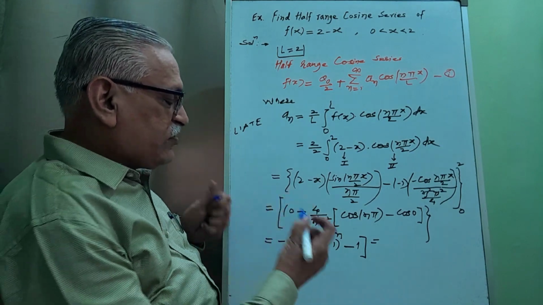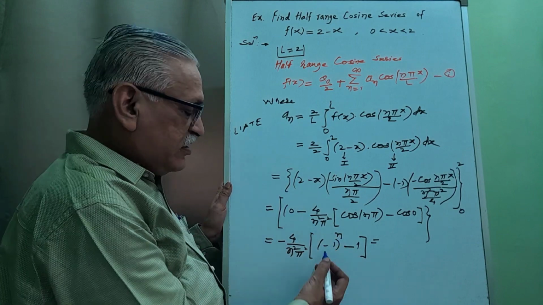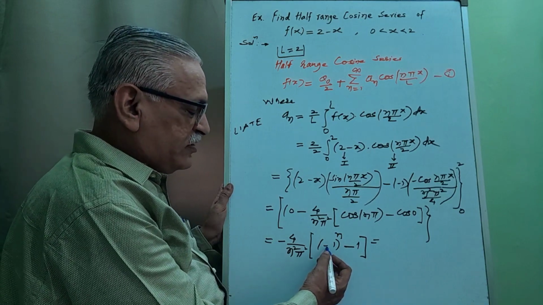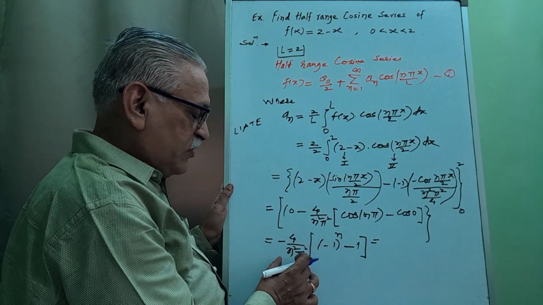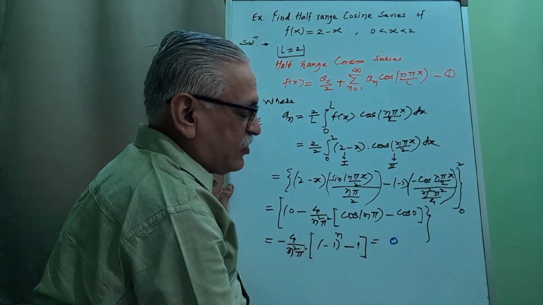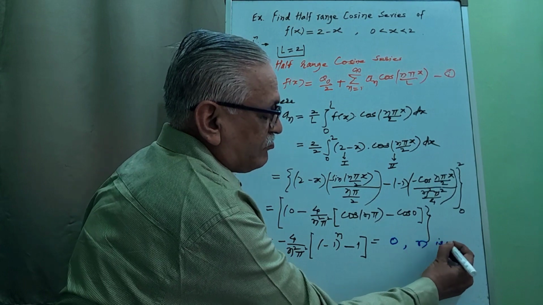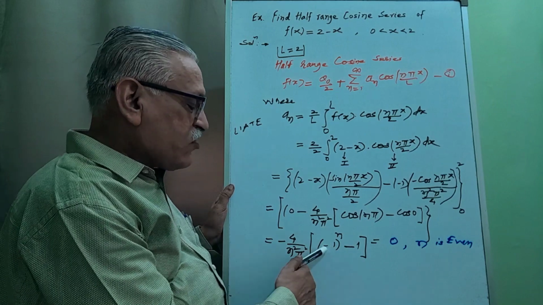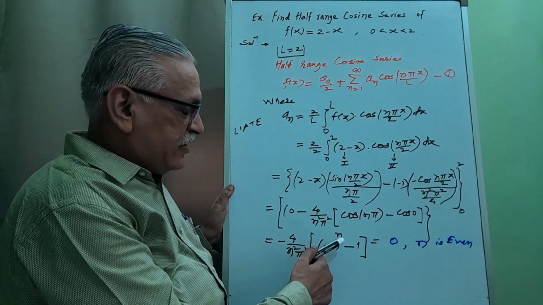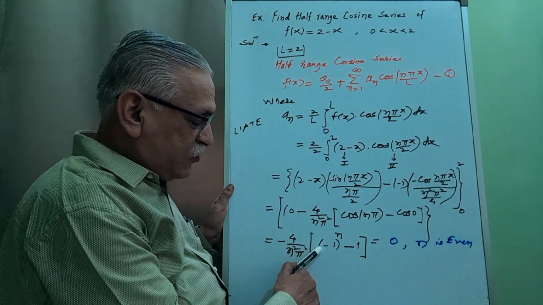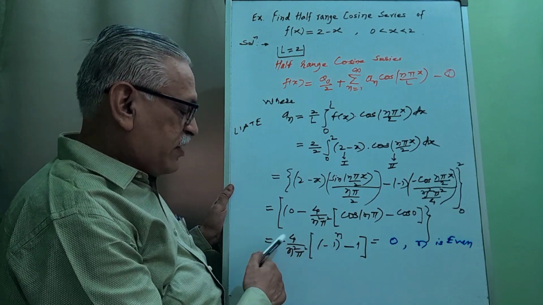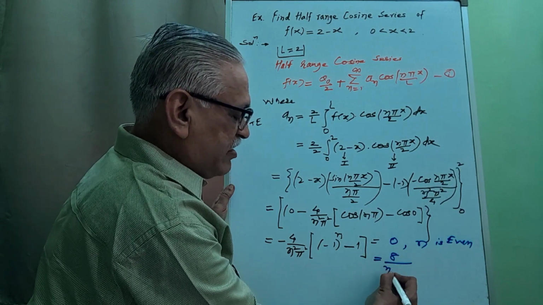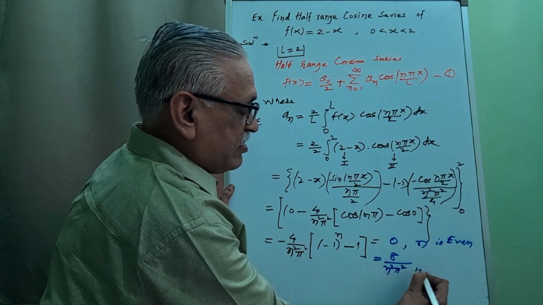When we substitute any even value for n, suppose n is equal to 2, minus 1 raised to 2 is plus 1, 1 minus 1 is 0, so the final value is 0 if n is even. If we substitute n as odd, suppose n as 1, minus 1 raised to 1 is minus 1, minus 1 minus 1 is minus 2, multiplied by minus 4, we get 8 divided by n square pi square if n is odd.